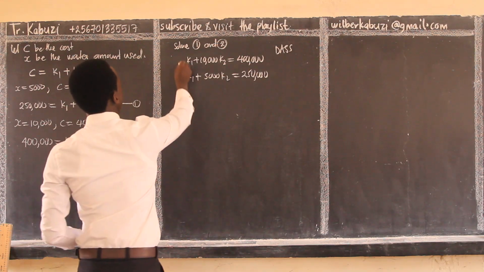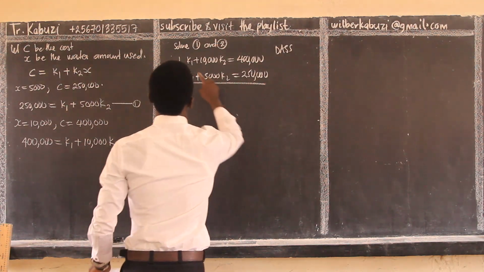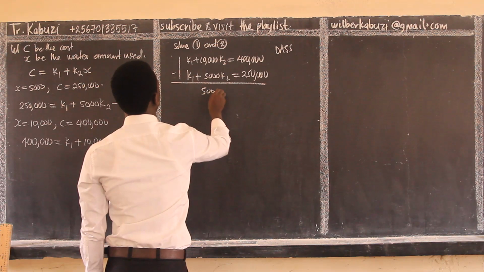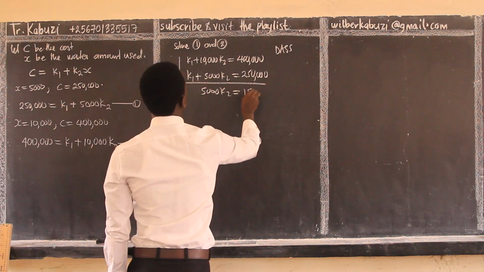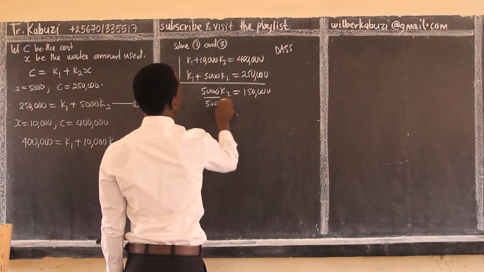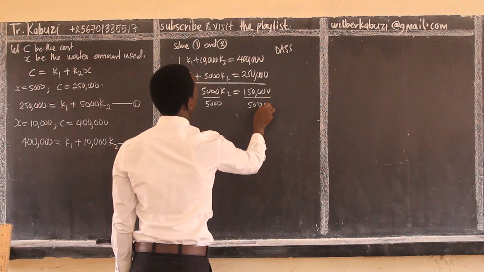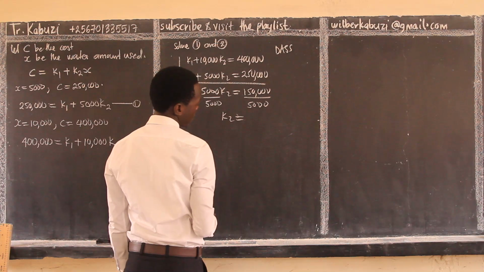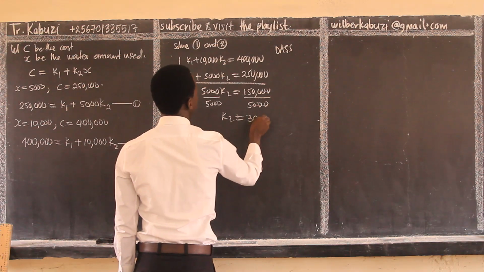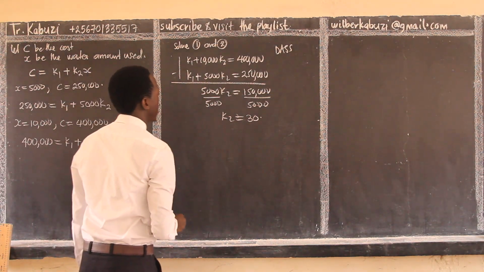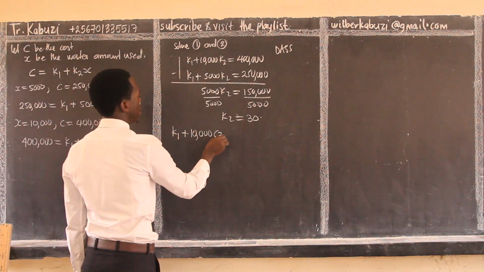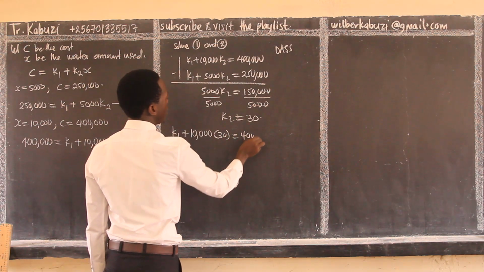So I'm going to subtract. This minus this: 10,000 minus 5,000, you get 5,000 K2 equals 150. When reduced, divide by 5,000, you get K2 equals 0.03. Putting that in to get K1: K1 plus 10,000 into 0.03 equals 400.